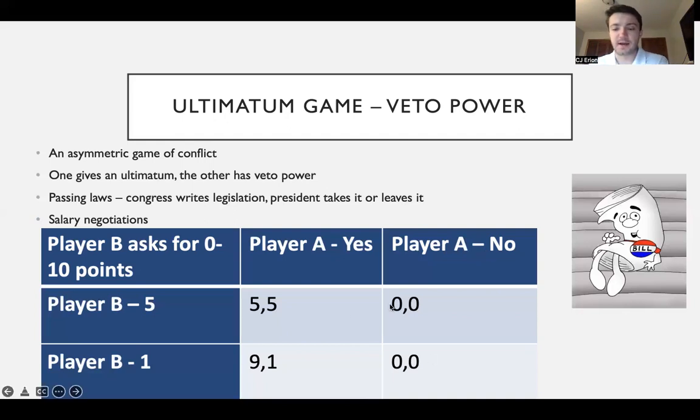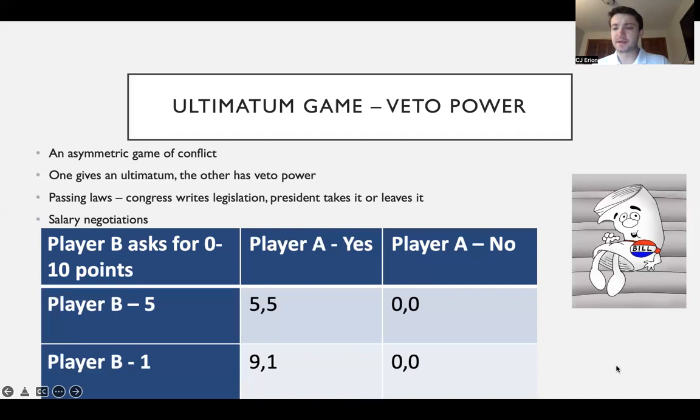Real life examples that follow a similar type of system here would be passing laws, right? So Congress can write legislation, and that can take the form of player B, and then the president can either accept this or leave it, but can't really change it or rewrite it. Either has to say, yes, let's do this, or no, this isn't okay, I'm not going to pass this.